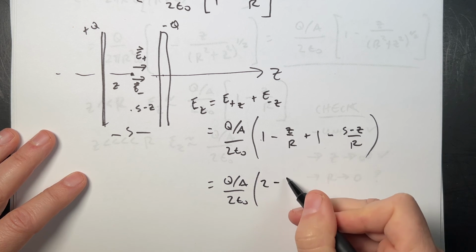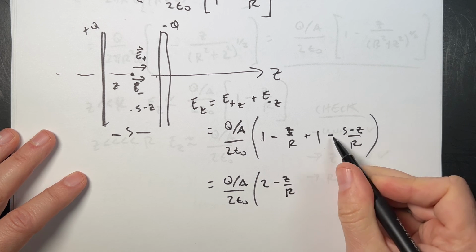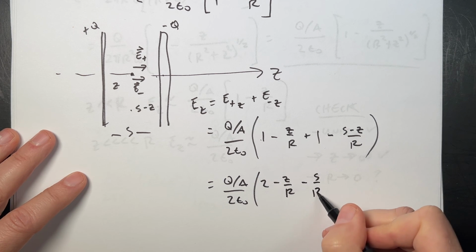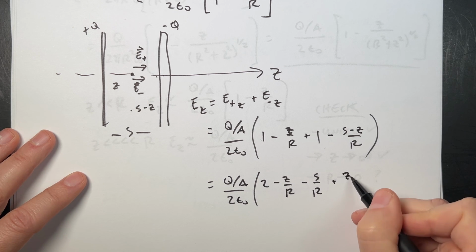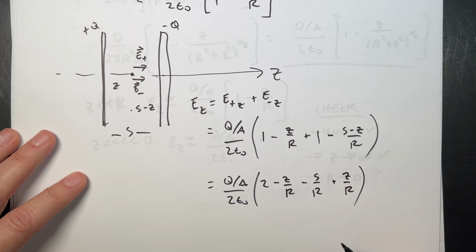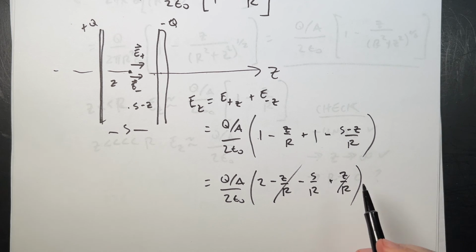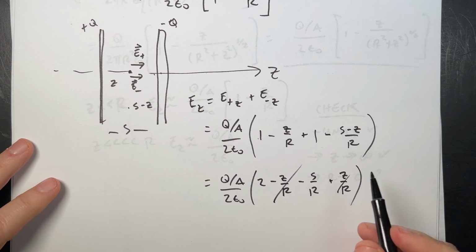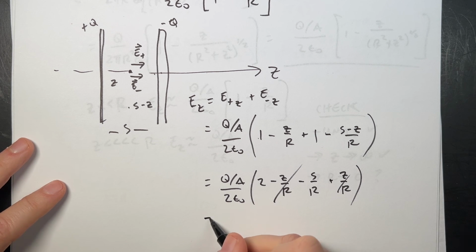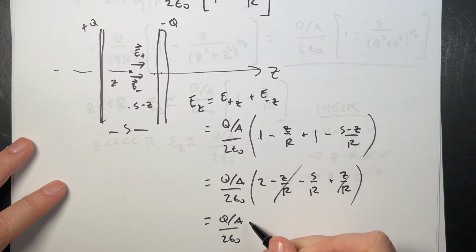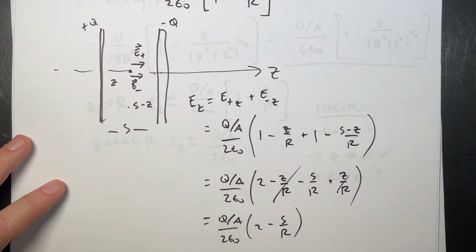I have minus z over R minus S over R plus z over R. Cancel, cancel. And so this is going to be equal to Q over A over 2 epsilon naught times 2 minus S over R, which is constant.